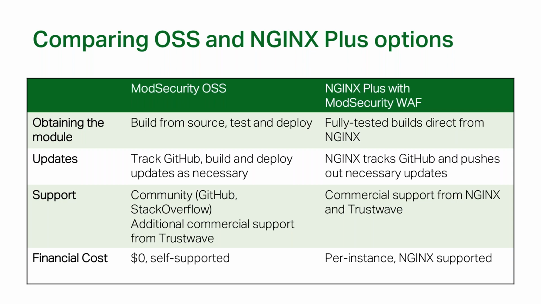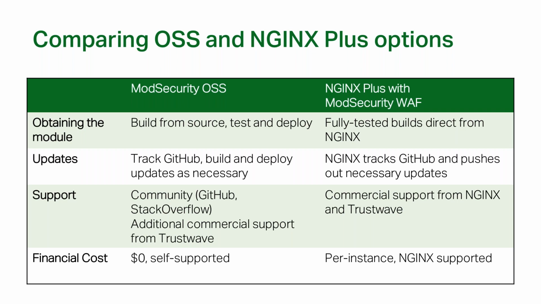As an alternative, our NGINX Plus commercial subscribers can also subscribe to the add-on ModSecurity module. It comes at an additional cost on top of NGINX Plus, and with that you get fully tested ModSecurity builds from our engineering team, the people responsible for creating the release builds and binaries for both NGINX Open Source and NGINX Plus.